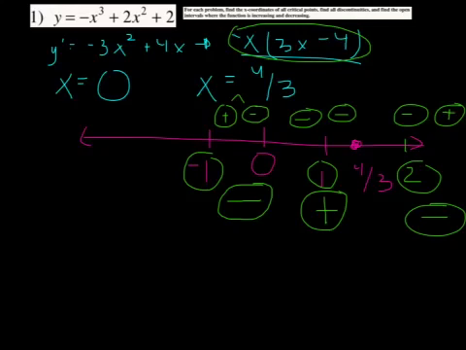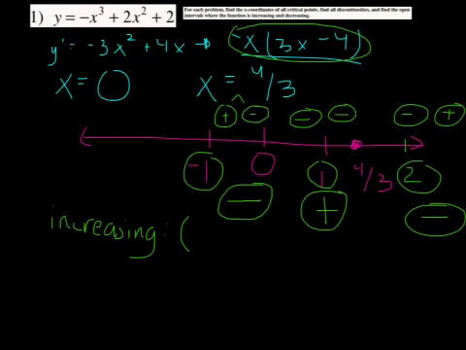So now what we do is we use this number line right here to find the open intervals where the function is increasing and decreasing. So right here, it's increasing at the points, or the intervals. Let's see.